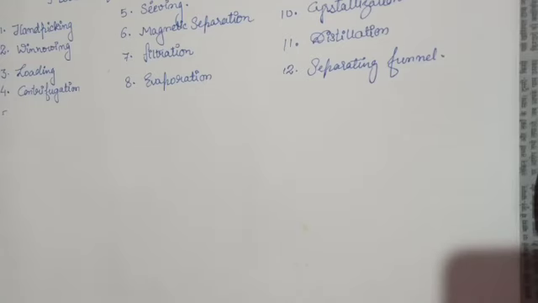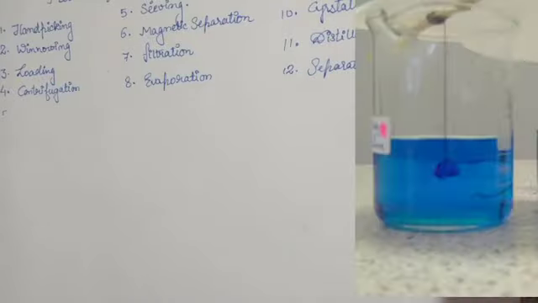Crystallization. So what is crystallization? Crystallization is a process in which solid crystals are formed from a substance by precipitating out the solid from a saturated solution. Let's see an example.